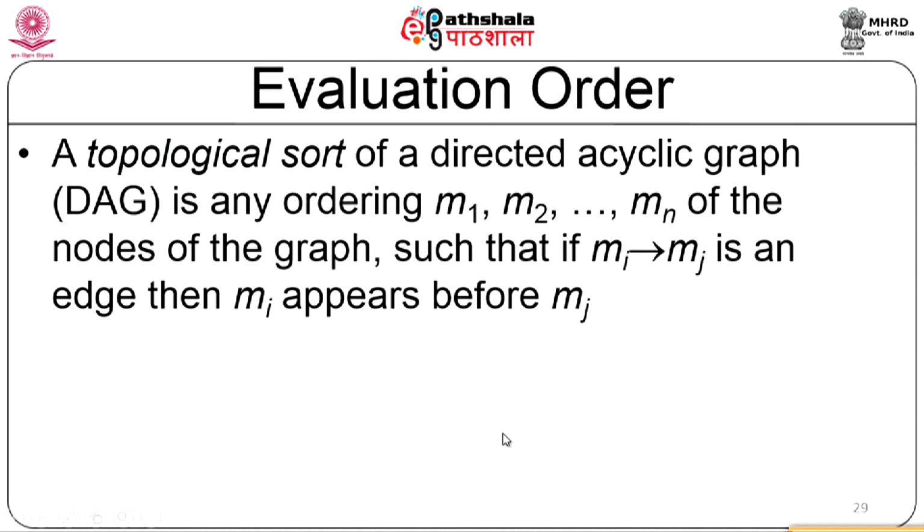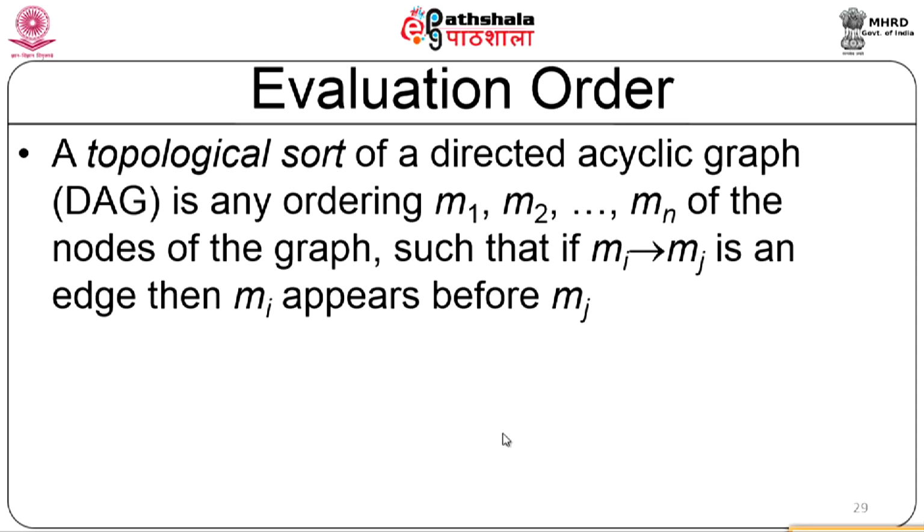After constructing the dependence graph, what is my order of evaluation? How do I evaluate the dependence graph? That is basically done by what is called a topological sort. A topological sort is a sorting algorithm where the sorting is not done based on non-increasing or non-decreasing order of inputs.